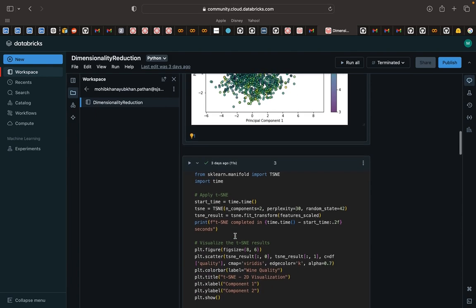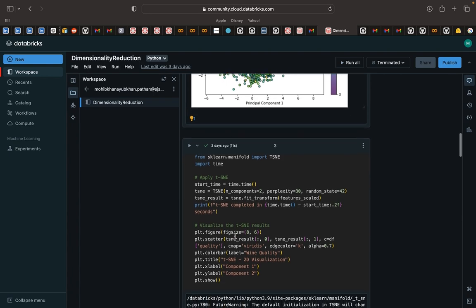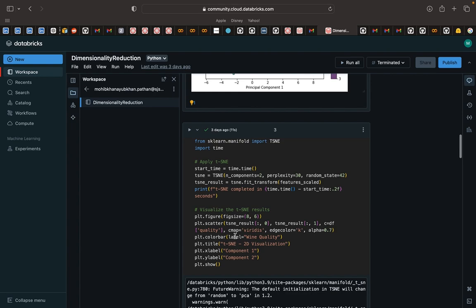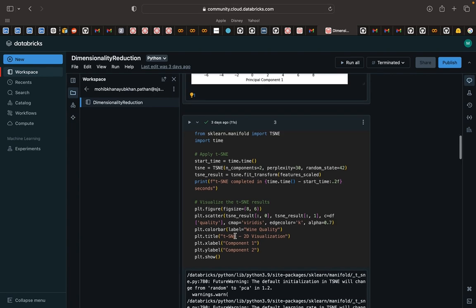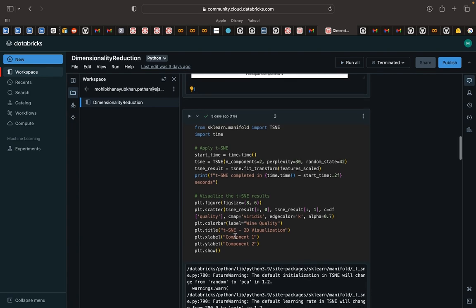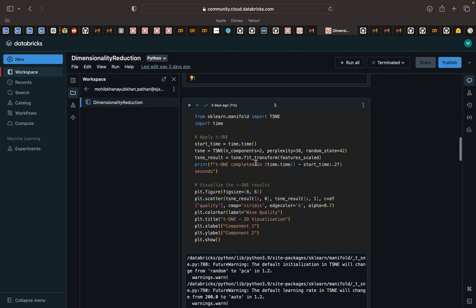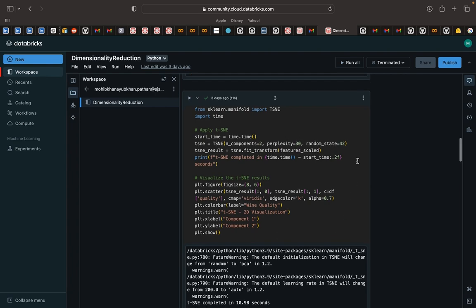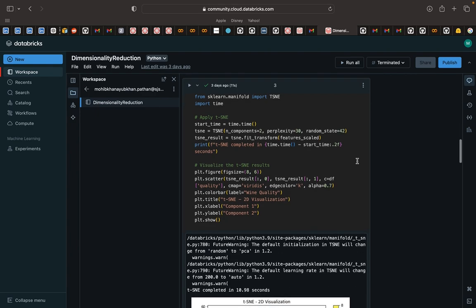Right here we used t-SNE. This is specifically designed for high dimensional data visualization, as mentioned before. We use a perplexity of 30 and a learning rate of 200 to achieve an optimal layout.